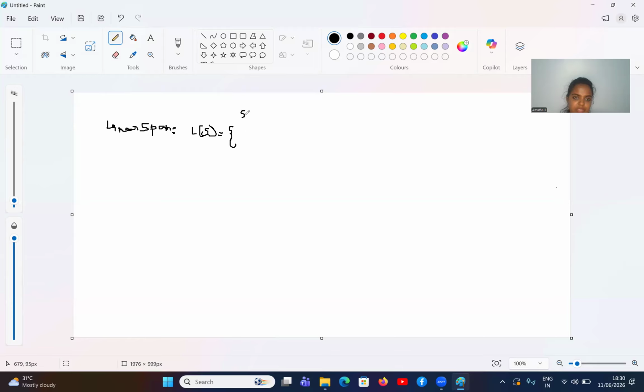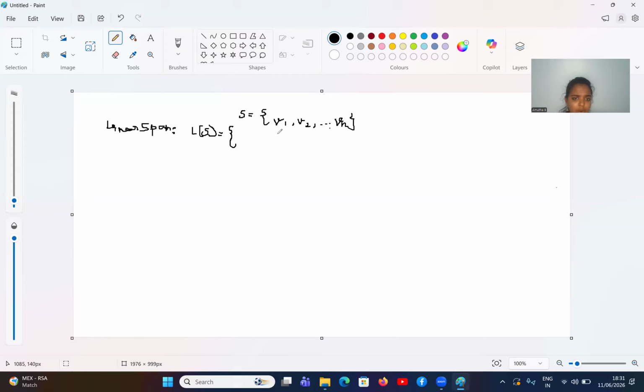Before that, we have to define the set S. What is your S set? S set is a set of vectors. It can be any vectors. It need not be linearly independent or dependent. It can be any vectors.